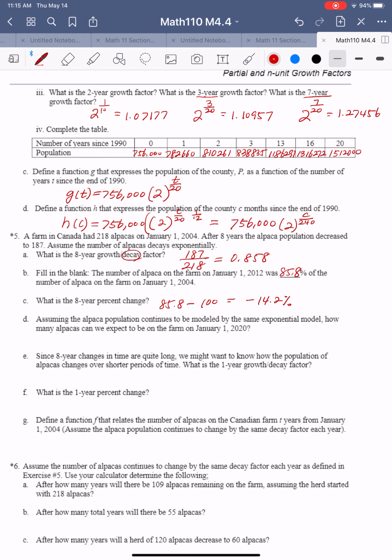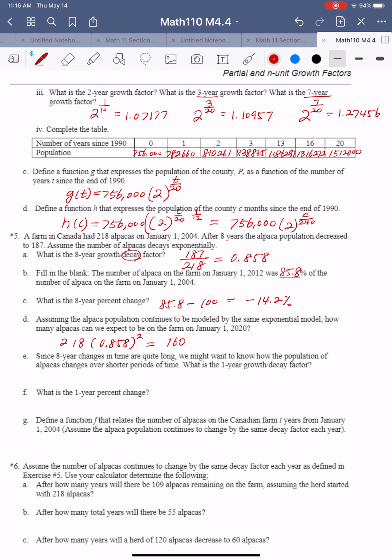So if you use that 0.858, that's actually the 2020 from the 16 years. Okay, but it's decreasing every 8 years. So 16 is twice of 8. So you can just square it and multiply by the number of alpacas, which is about 218. And then I'll get 160 alpacas at the time.